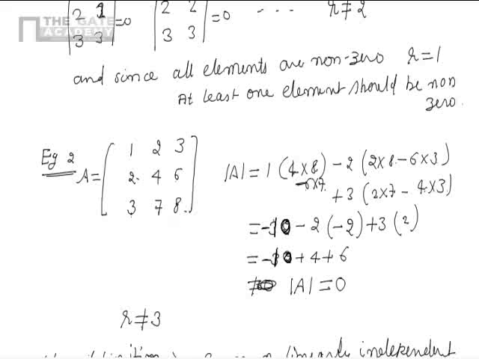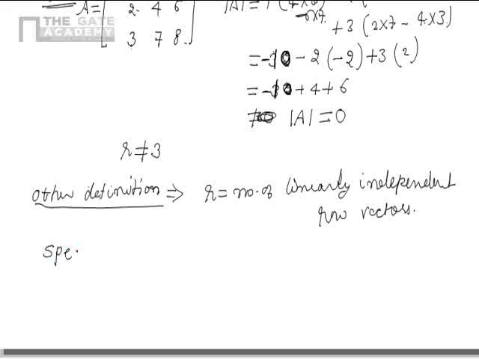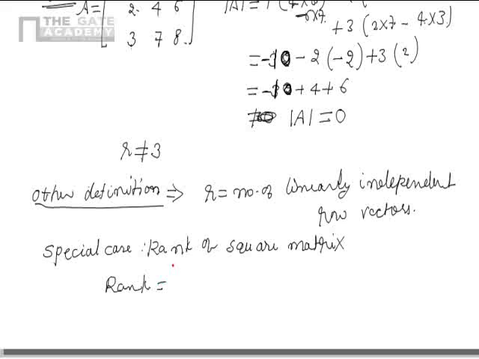Now one more special case, the special case for the rank of a square matrix. The rank of a square matrix is nothing but the number of non-zero rows in the upper triangular matrix.